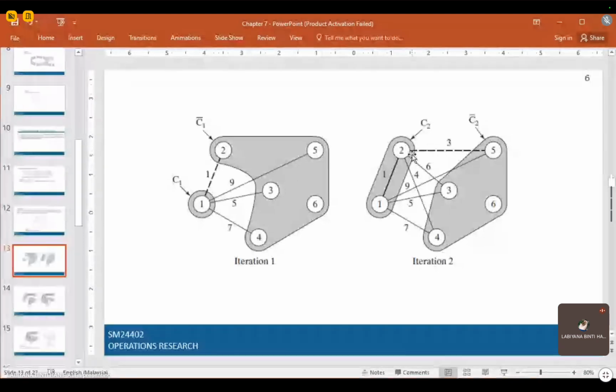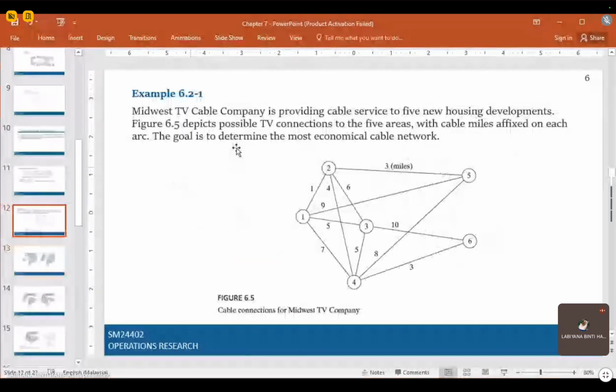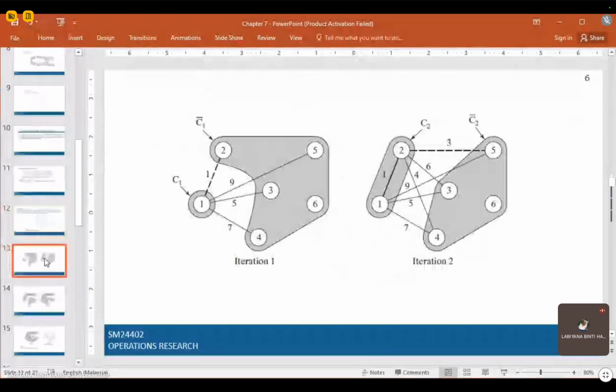We need to look back at this figure. From node 2, we can connect to 5, connect to 3, and connect to 4. So that's why we have these arcs. 2 to 5 is 3, 2 to 3 is 6, and 2 to 4 is 4.